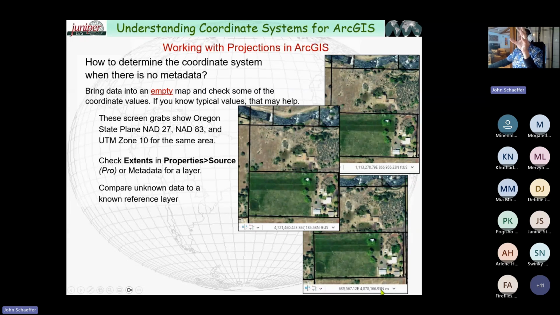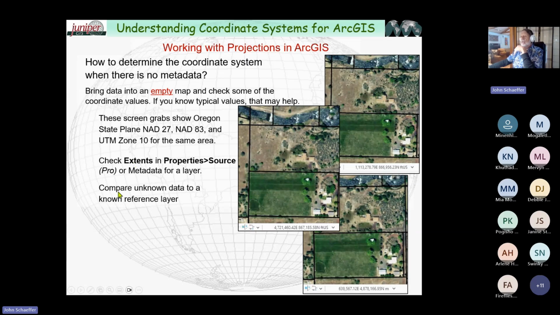We're just below 45 degrees latitude here. So if I know a little bit about common coordinate systems, this can give me a good clue. You can also check extents, go into properties, source for layer or metadata, and look at extents, and it gives you some coordinate numbers. But again, you have to have a sense of which coordinate numbers work for that area.